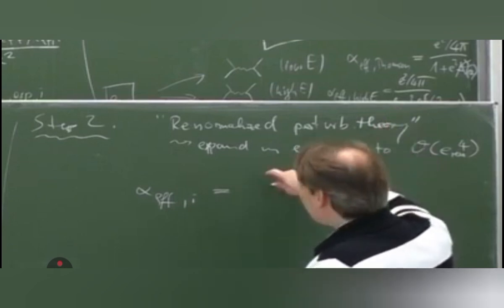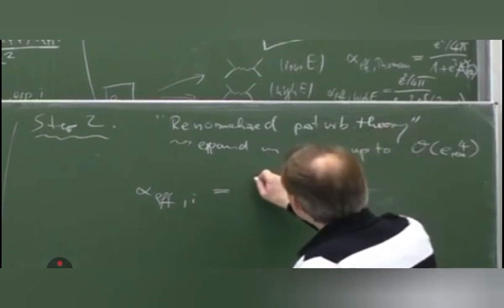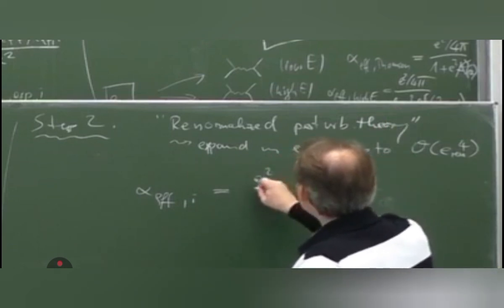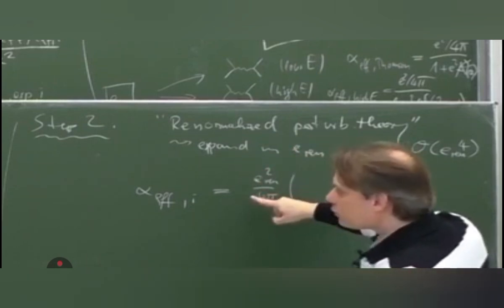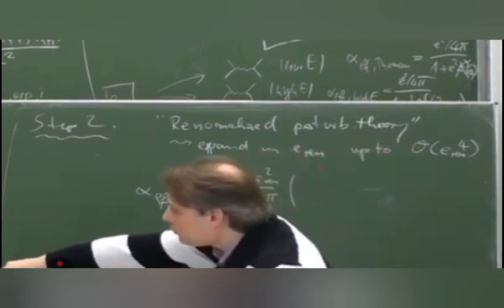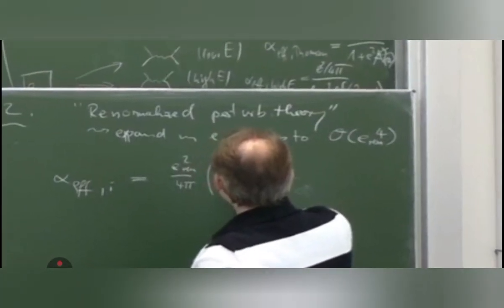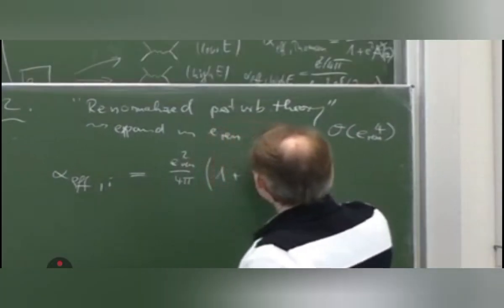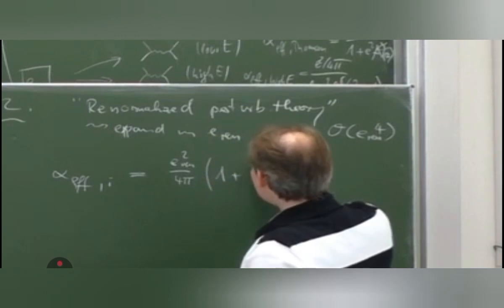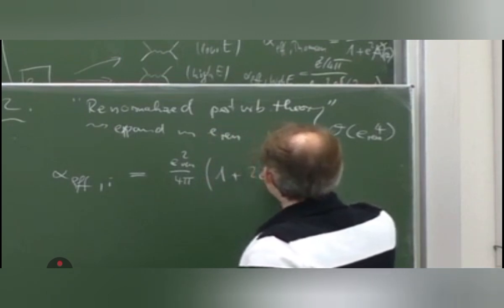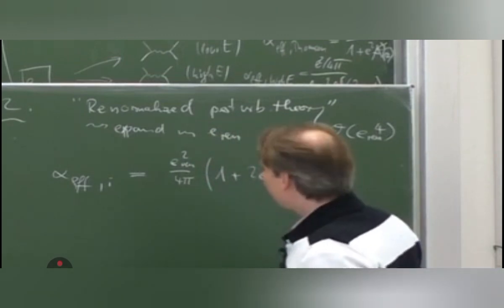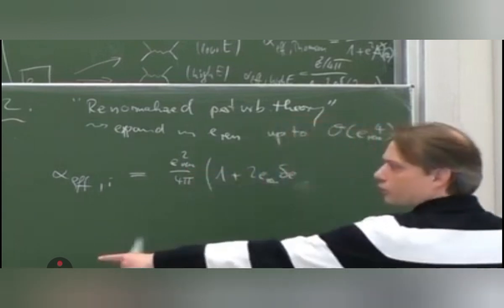Therefore, if we expand that now up to this order, we get E renormalized square divided by 4 pi. And then we have this E square goes to E square plus 2E renormalized times delta E, so times 1 plus 2E renormalized times delta E from the E square, which has undergone that replacement.